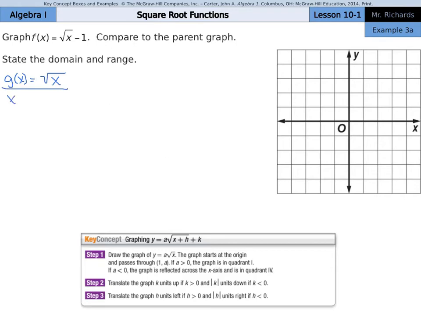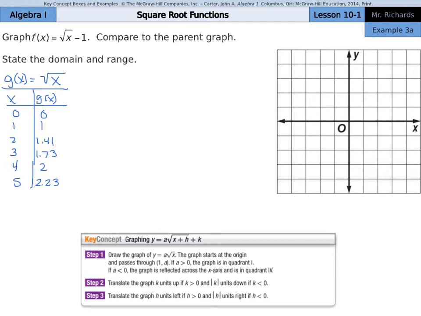And then we have our x and our g of x here. 0, 1, 2, 3, 4, and 5. 0, 0, 1, 1, 2, 1.41, 3, 1.73, 4 is 2. Put in 5 and you get 2.23.